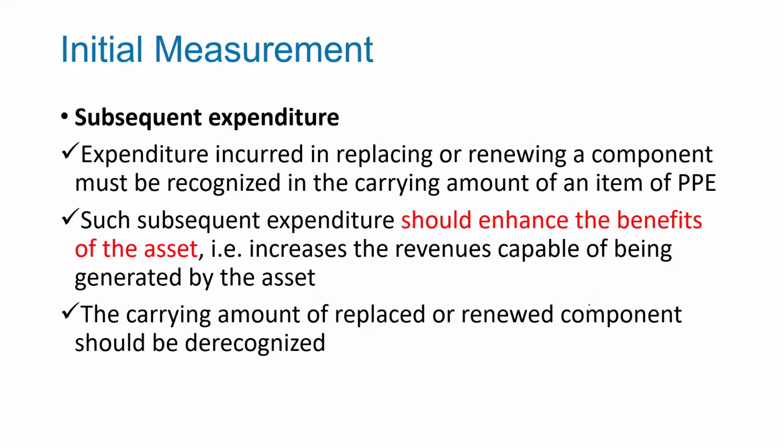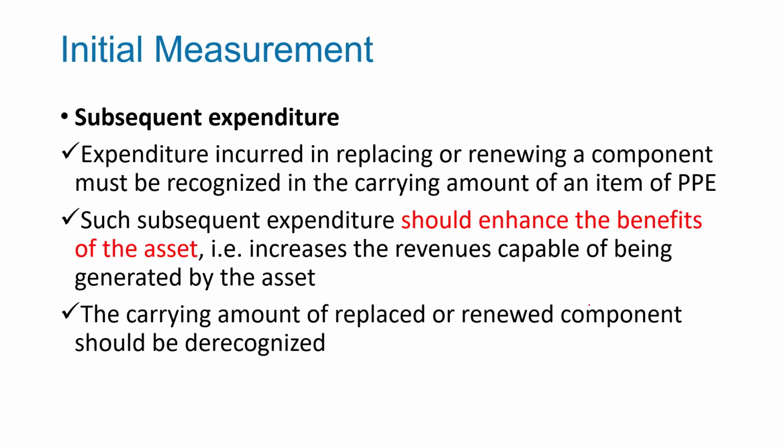So you have to derecognize the carrying amount of the replaced engine, the old one. Derecognition simply means subtract the carrying value of that portion that you are replacing. Subtract the carrying value from what? The carrying value of the entire vehicle. Is that okay? Let's say the carrying value of the old engine is 10,000.